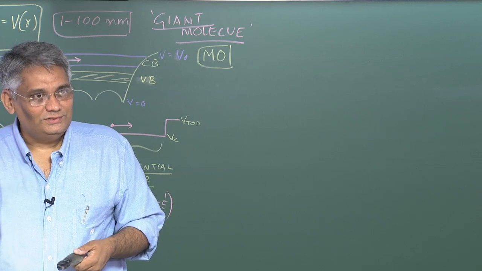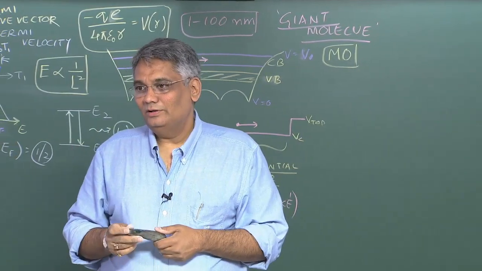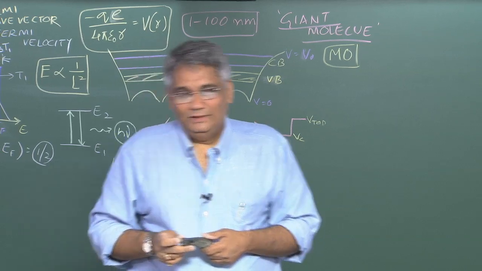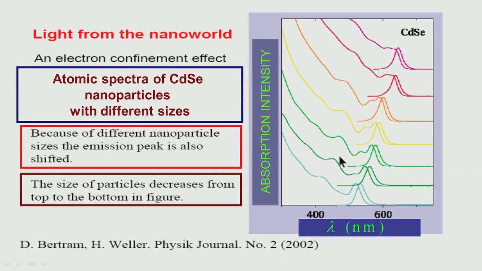It's only because of the change in the band gap and the separation between the electronic levels. And what you see here is again a simple experiment of absorbance versus wavelength, and you clearly see a change in the band edge. Of course, the band edges are not as sharp as what you would get in the case of bulk materials.